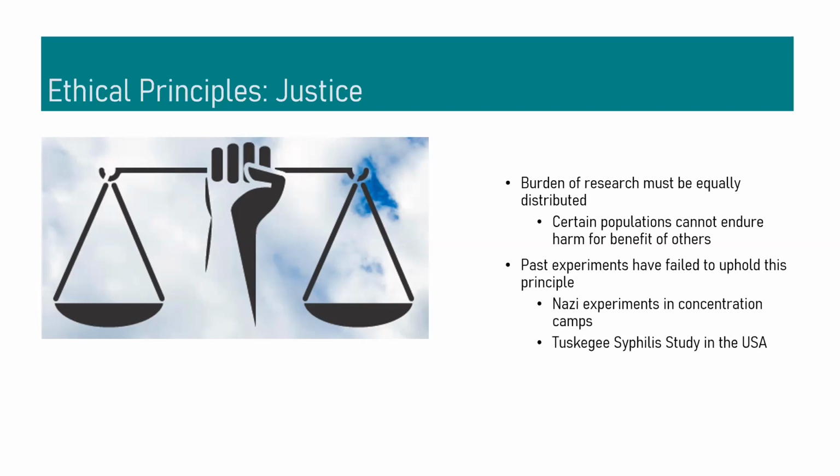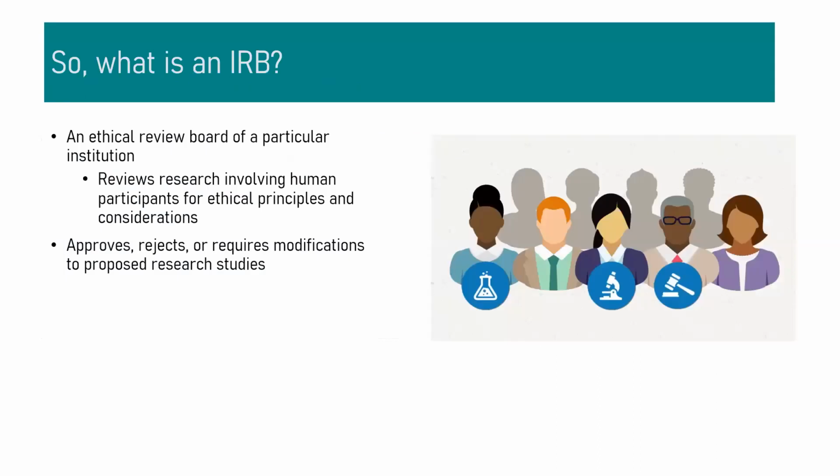That's all I had to talk about in terms of the history of the IRB. Now we're going to get a little bit into what an IRB is in general. An IRB, or institutional review board, is an ethical committee in any particular institution. They review research involving human participants for the ethical principles that we listed above, as well as some of their own guidelines outlined by the institution.